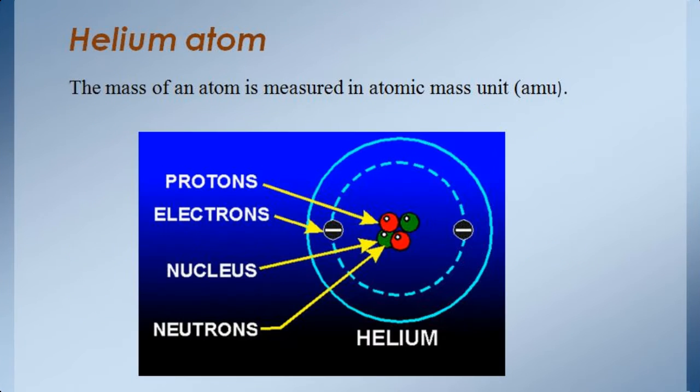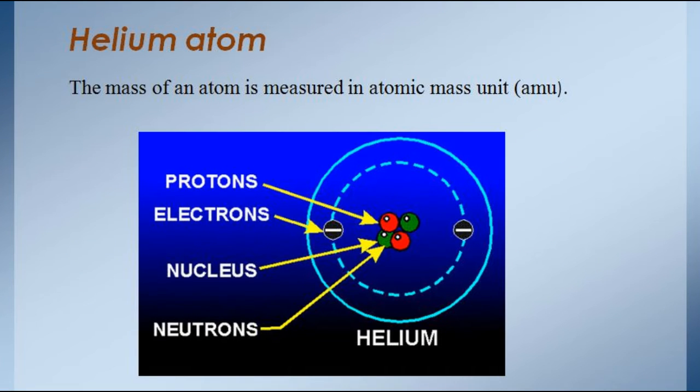Next one, we have to know what proton, electron and neutron are and where they are present. We take the example of the helium atom. Here see the first line: the mass of an atom is measured in atomic mass unit. Mass means weight, and that weight has a unit, called the atomic mass unit. Helium's atomic number is 2 and mass number is 4.